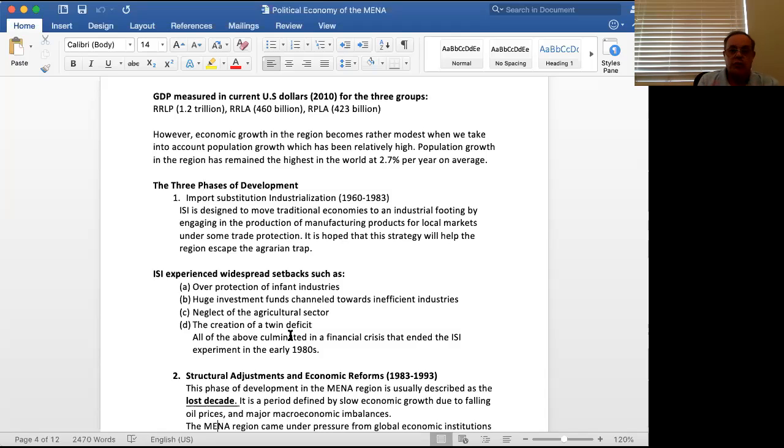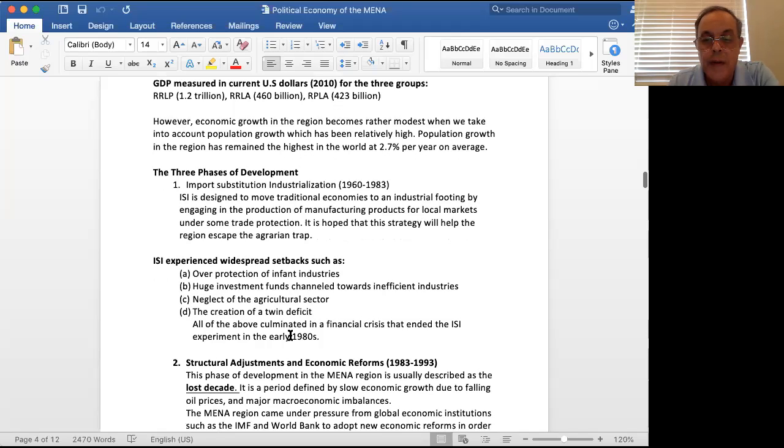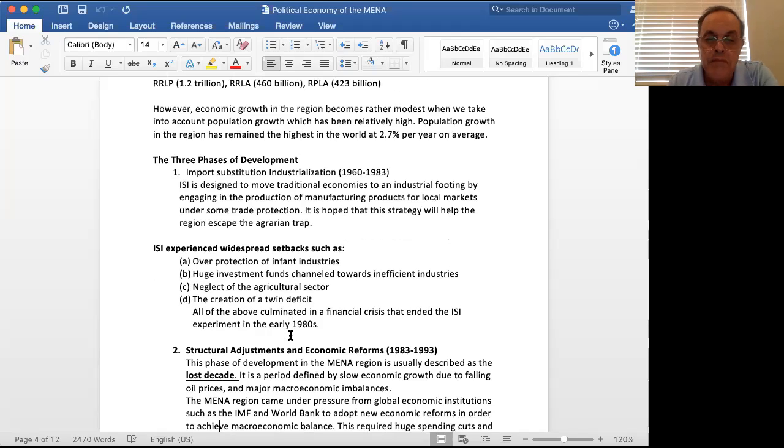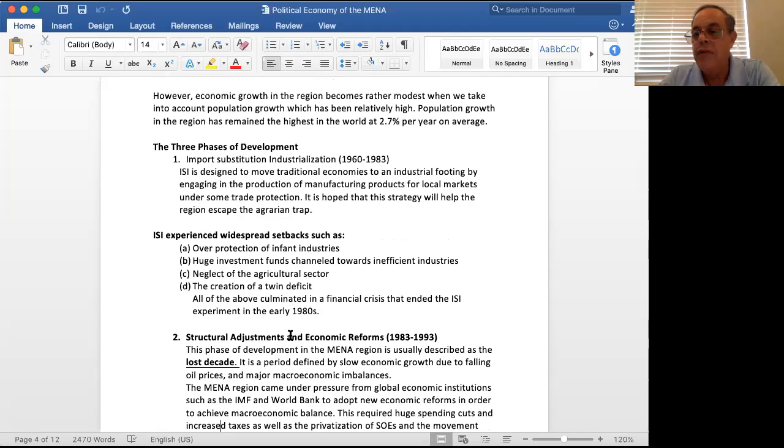And in order to do that, you have to go through some structural reforms, some adjustments in the economy. And these structural adjustments and economic reforms, of course, started in the mid 80s, I would say probably 1983 to 1993.